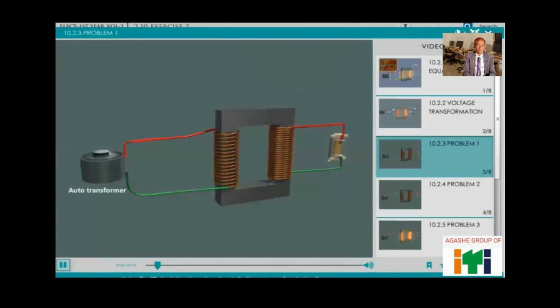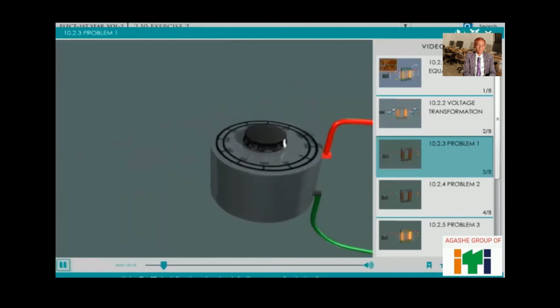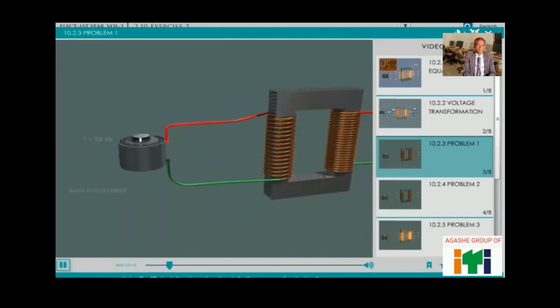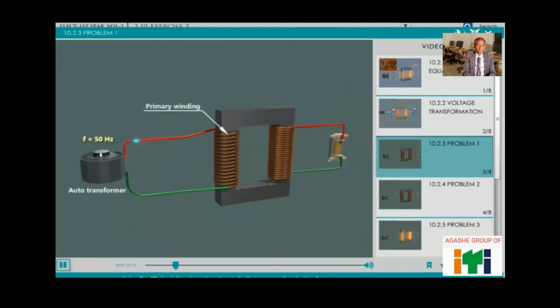Problem 1. We are going to solve the problem based on transformation ratio. Given data, primary induced EMF, that is E1, is equal to 4400 volts.